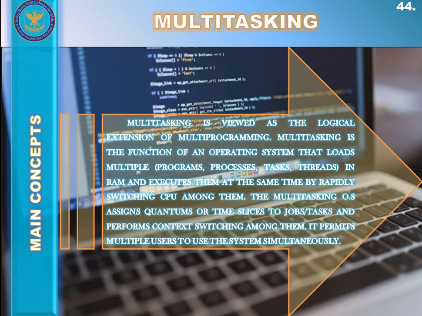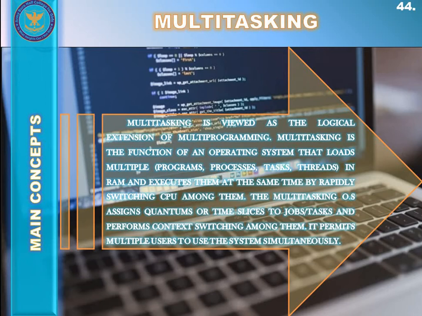The CPU would not be executing those multiple tasks at the same time, but it would be executing them at such great speed that the user would think the CPU is executing them at the same time. So the multitasking operating system assigns quantums or time slices to those tasks or jobs. The operating system is able to keep track of where the users are in these tasks.